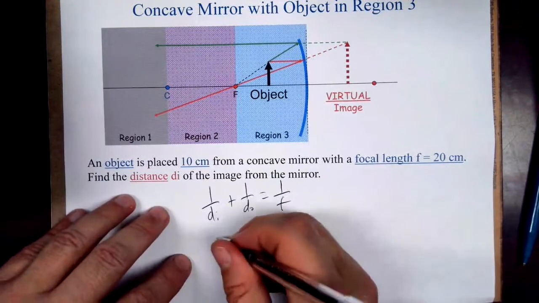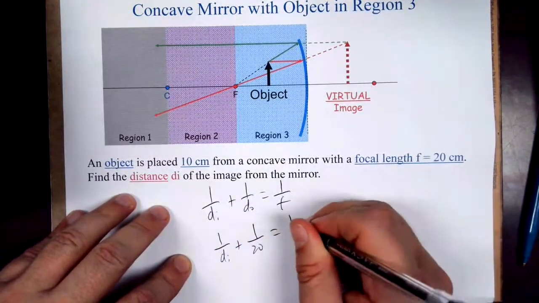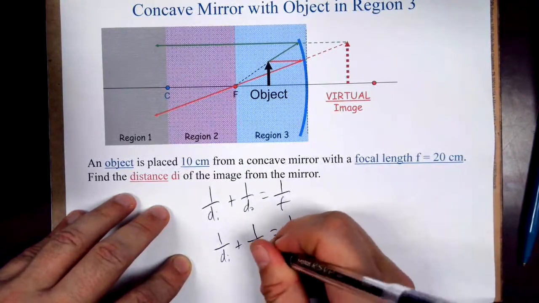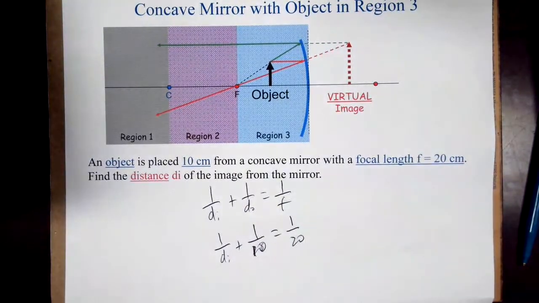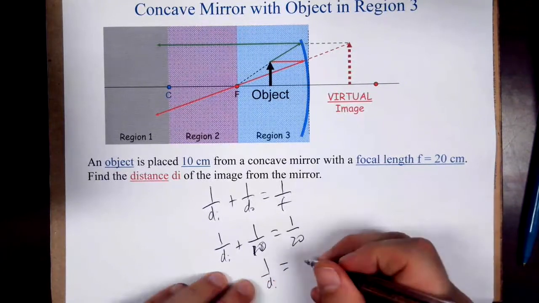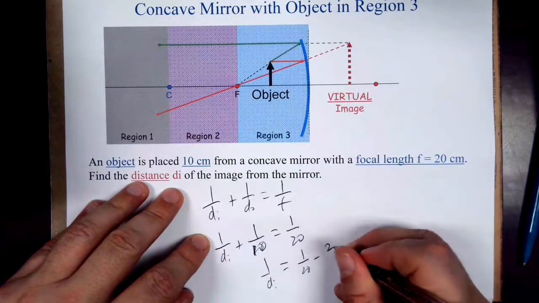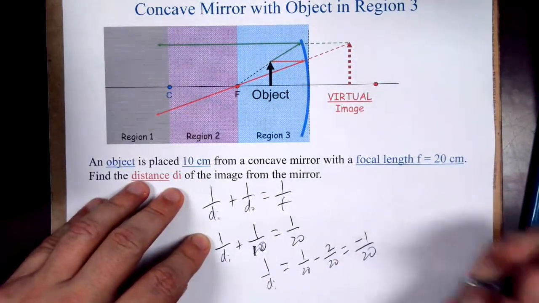Oops, the object is 10, my bad. The object is 10, and the focal length is 20. So this becomes 1 over di is equal to 1 over 20 minus 2 over 20, which is equal to negative 1 over 20.